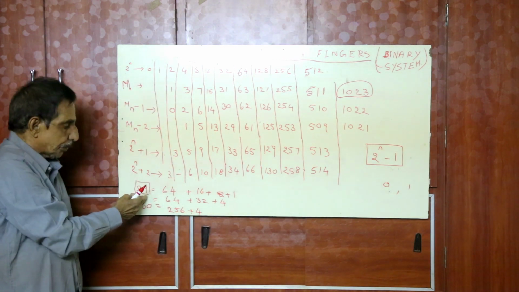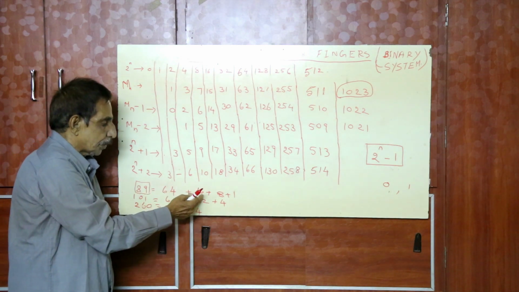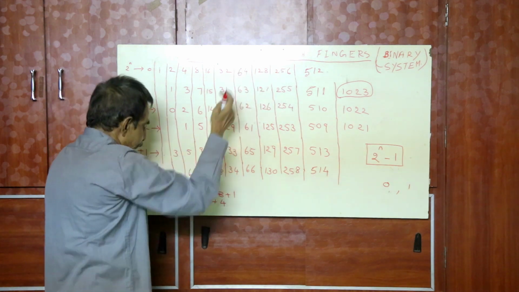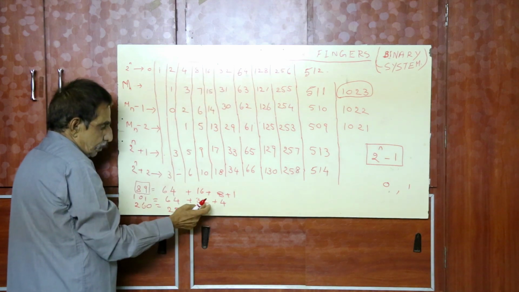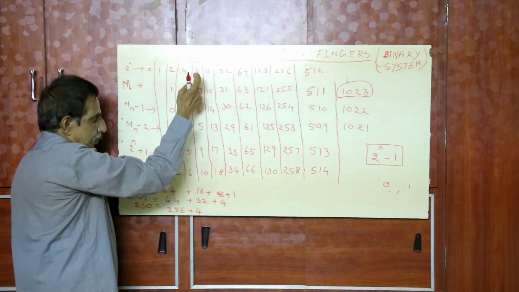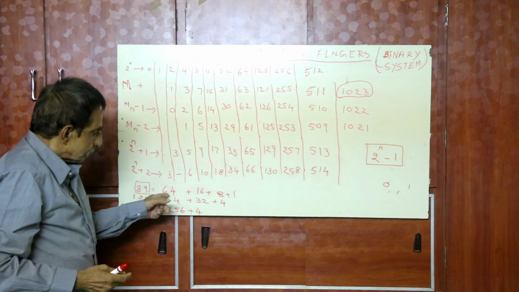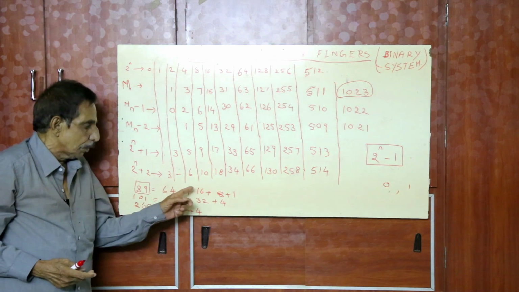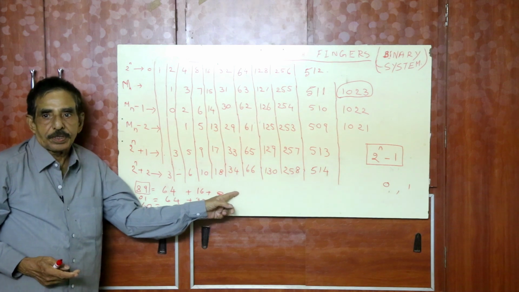For example, 89 can be written as 64 plus 16 plus 8 plus 1. So, you open which fingers represent 64, 16, 8 and 1, then it shows 89.